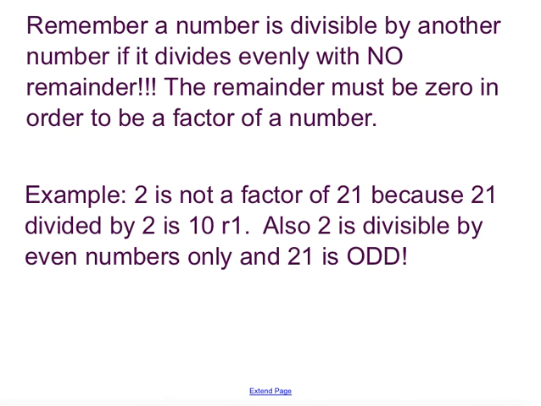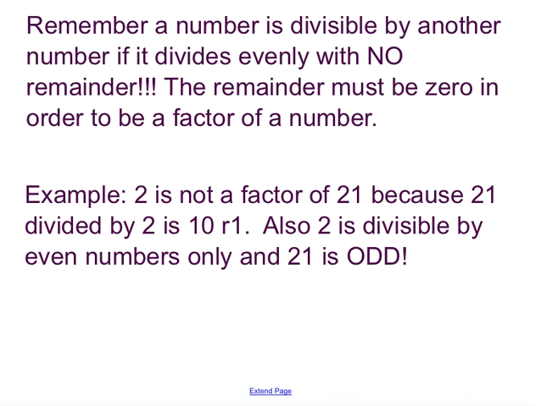Okay, so remember, a number is divisible by another number if it divides evenly with no remainder. The remainder must be 0 in order to be a factor of a number.